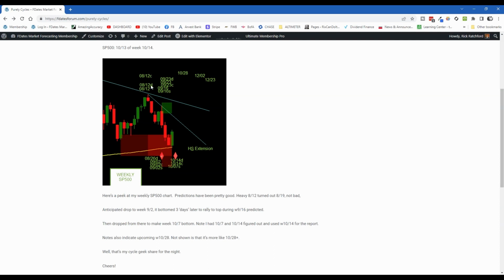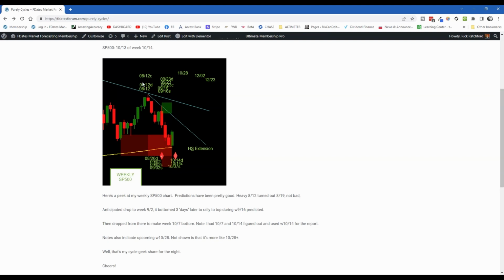All right, so I had a grouping of dates for 8/12, and it actually turned out to be 1 weekly bar late. So 8/12 was here, and it's 1 weekly bar late, which would be right there. Okay, so predictions have been pretty good. I had a heavy indication for 8/12, and it turned out to be 8/19.